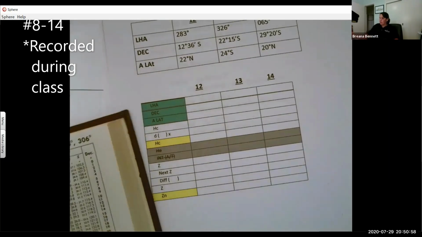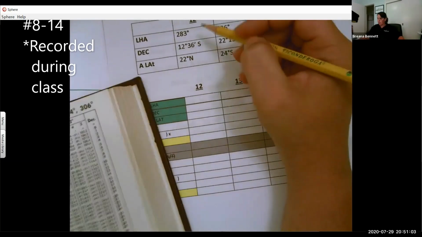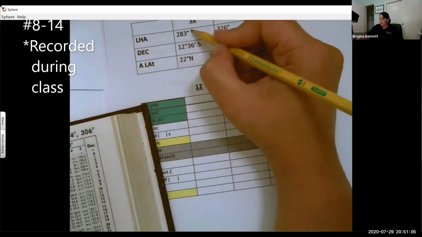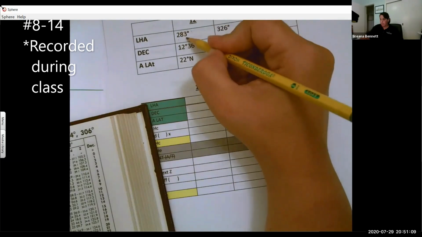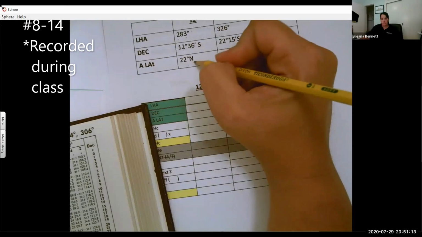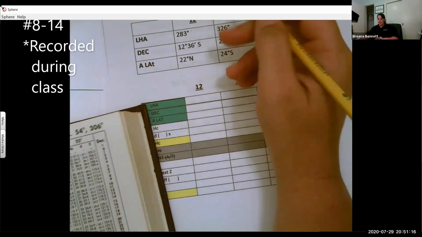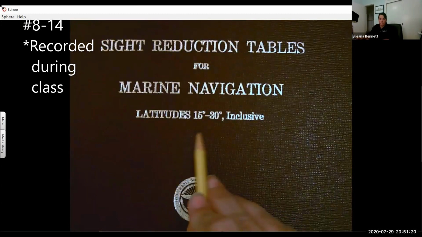Okay, so for number 12, we're just going to do one at a time here. Number 12, we have an LHA of 283 and we have a latitude of 22 degrees north. So I'm going to be in that volume 2, where it's 15 to 30, site reduction table.